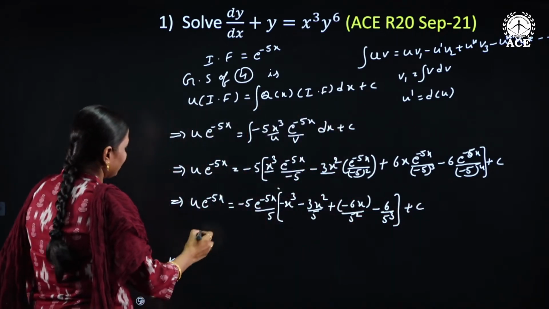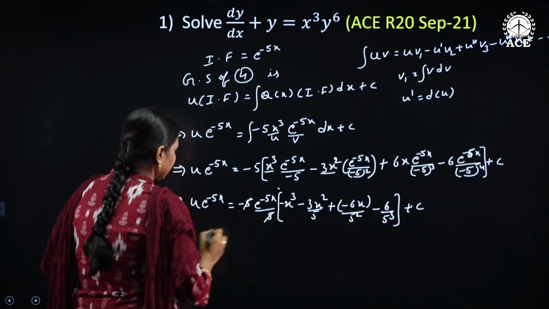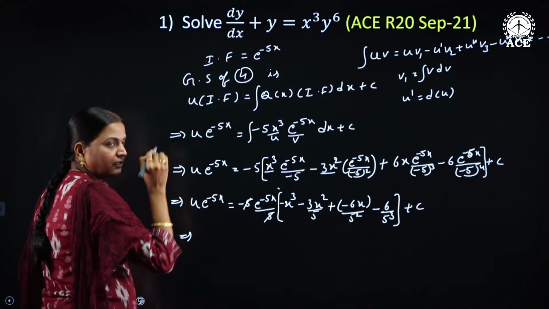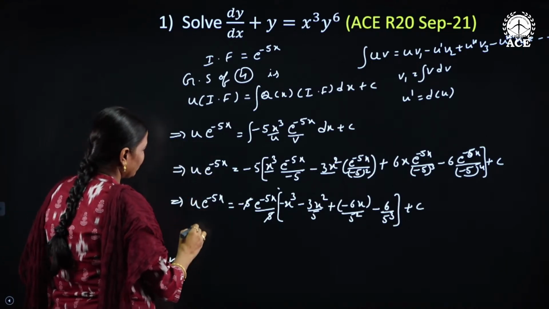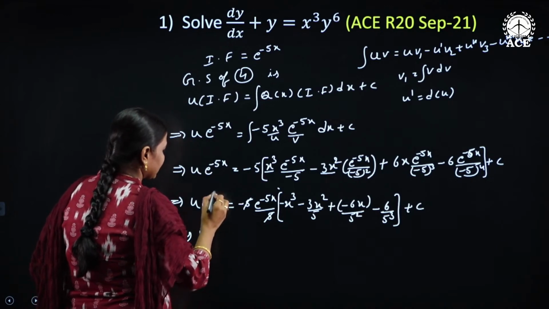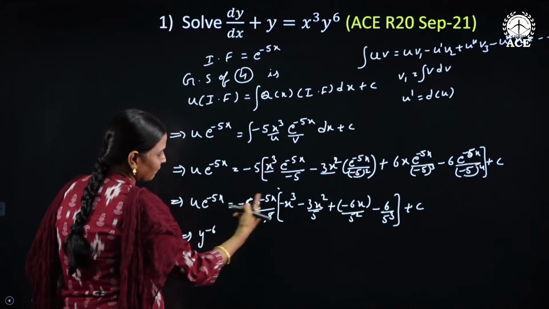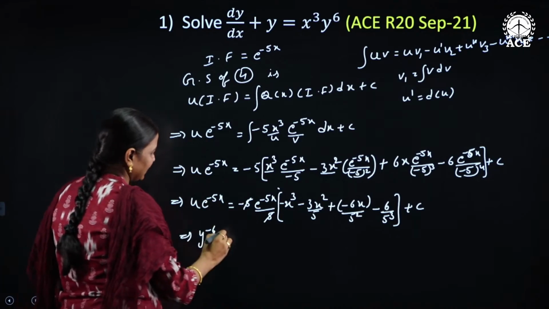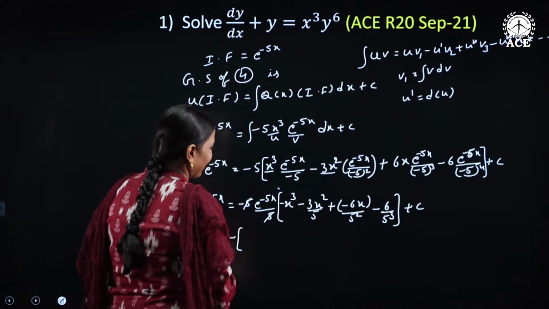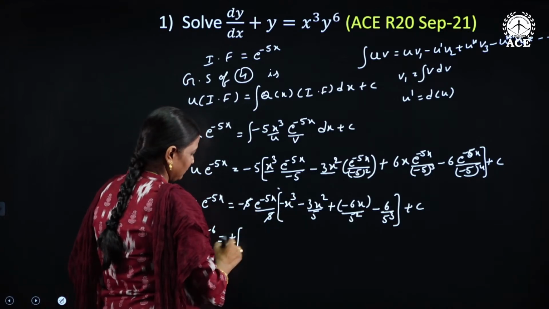Okay, so that implies here 5 gets cancelled. So that implies u. What is the u? In our previous substitution, u is equal to y to the power minus 6. If you divide the entire equation by e power minus 5x, that is equal to minus, so minus into minus, again multiply this minus with inside.